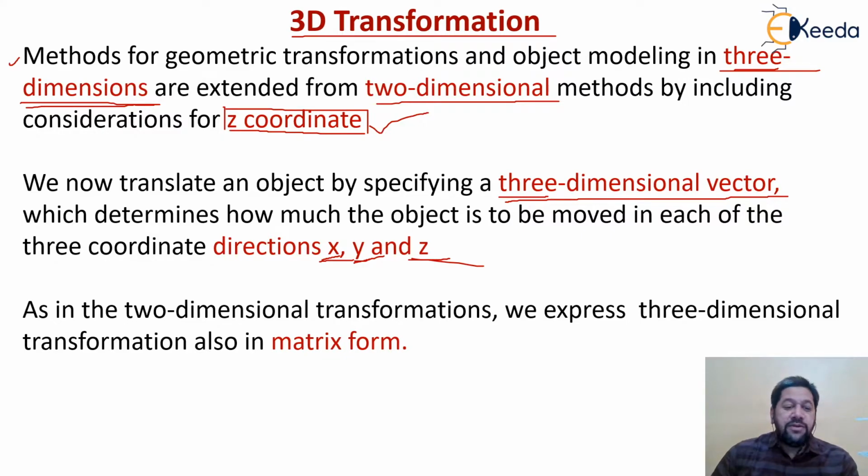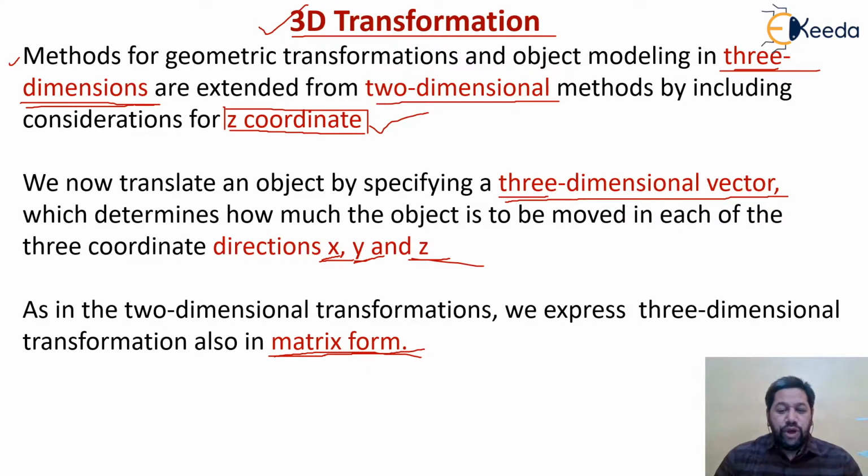Now, as we have done in 2 dimensional transformation, we also express the 3 dimensional transformation in matrix form. We are going to represent all the types of 3D transformation in matrix form, as we did for 2 dimensional transformation.